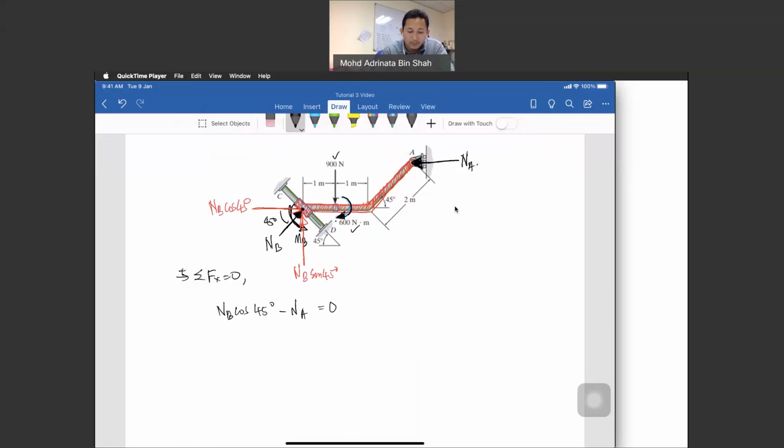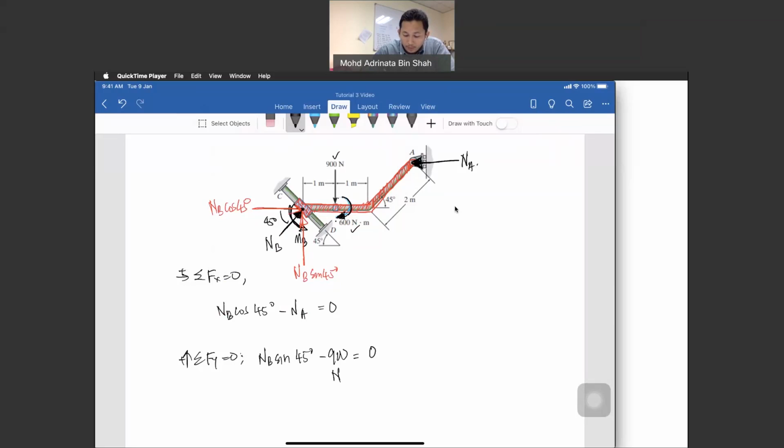So we cannot solve because there are two unknowns. And then Fy, we have NB sine 45 degree minus 900 equals 0.